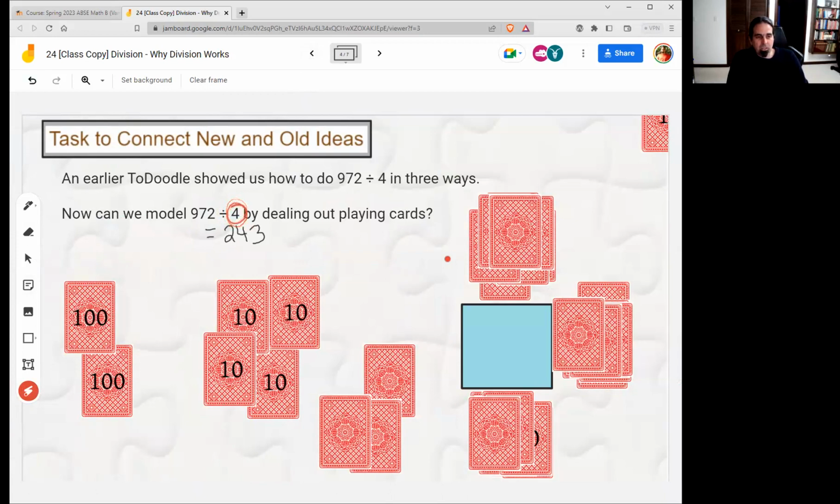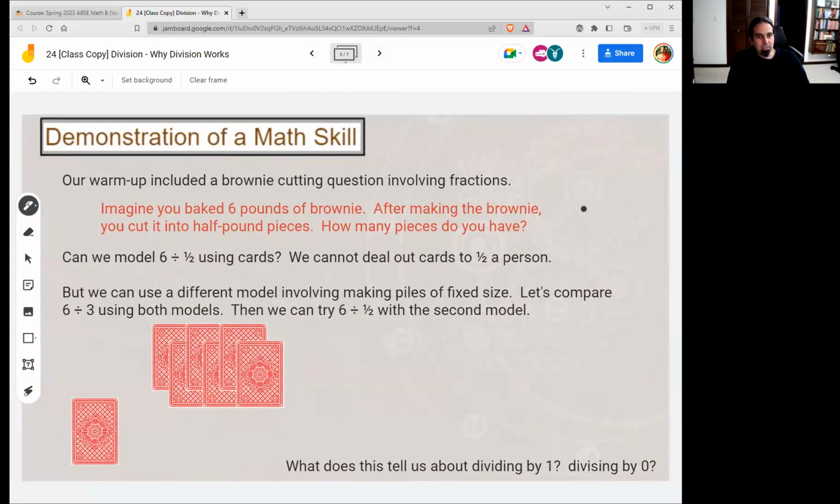I want 3 piles because that number is 3. So method 1: the other number is how many piles.